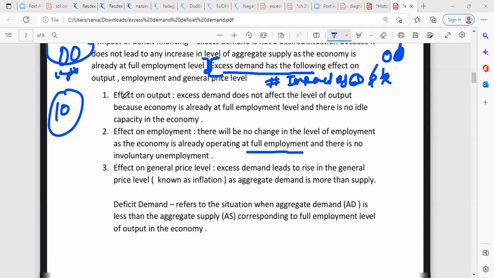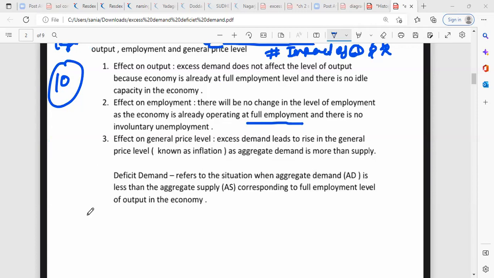Okay, students, so let's start with the next topic, which is deficit demand. Excess demand we did, now deficit demand. It refers to a situation when your aggregate demand is less than the aggregate supply, corresponding to the full employment level of output in the economy. Clear? So quickly write it down.